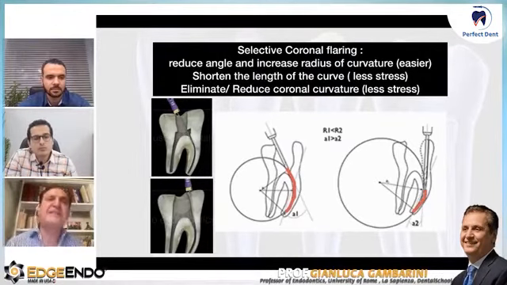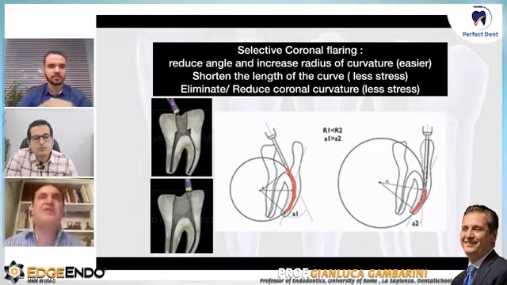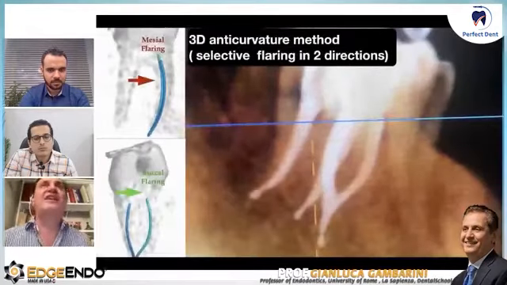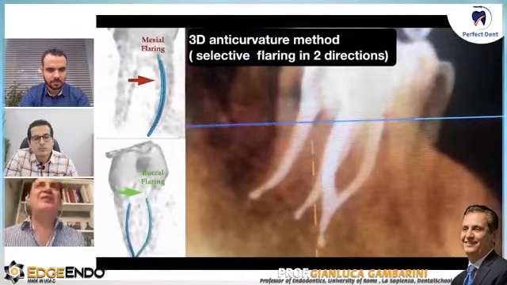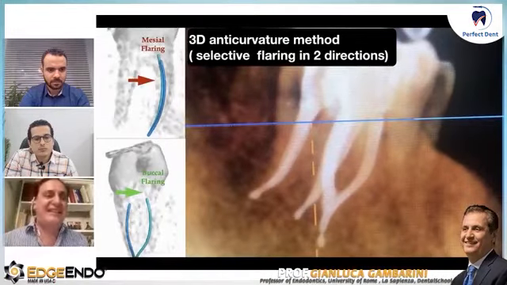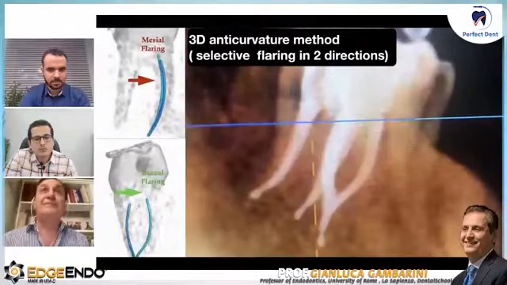The principle is the anti-curvature method that was defined years ago by Abou-Rass and Piccinino. But in my opinion this is no longer valid, because it was a two-dimensional flaring. Now, when you have a molar case with this kind of curvature, you have to think differently.